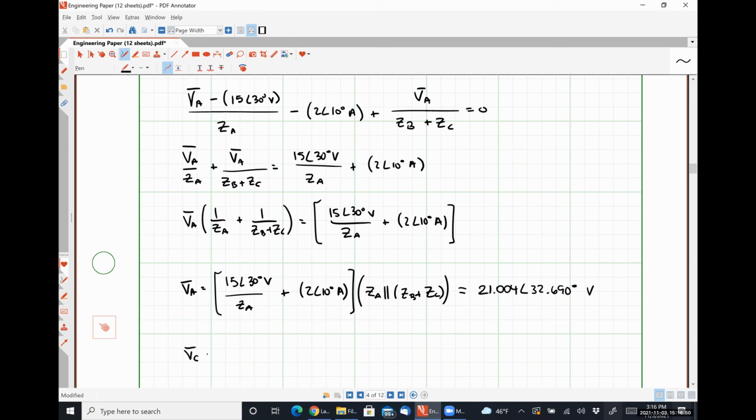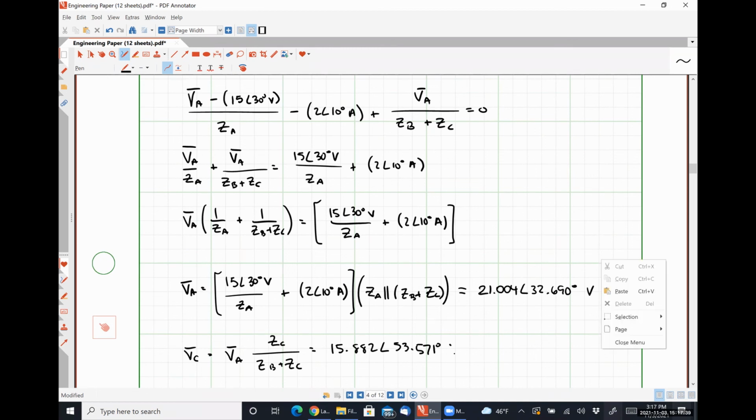And then, assuming I didn't screw that up, VC is simply VA times ZC over ZB plus ZC, which gives (15.882 angle 53.571 degrees) volts. Extraordinarily familiar, right?